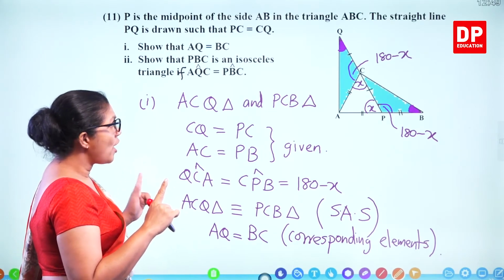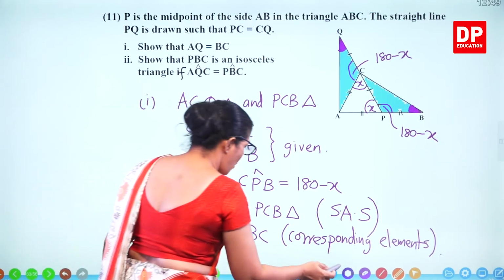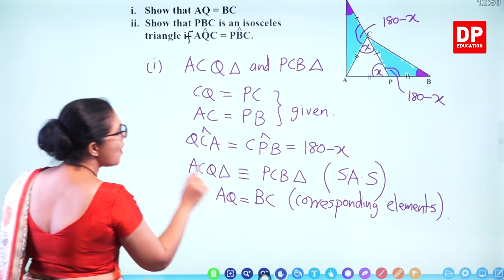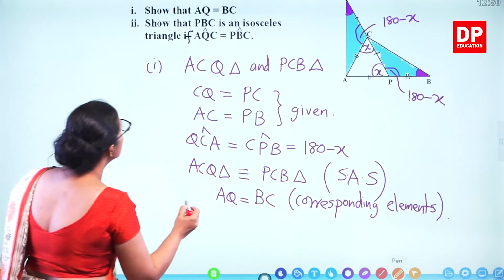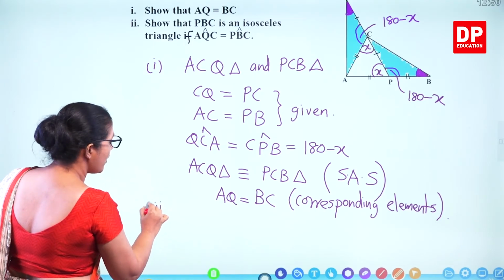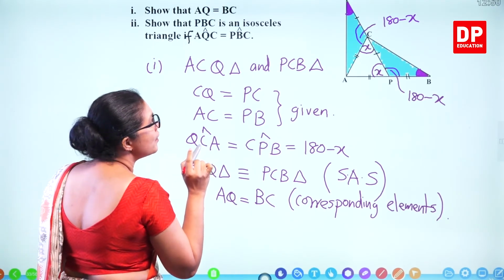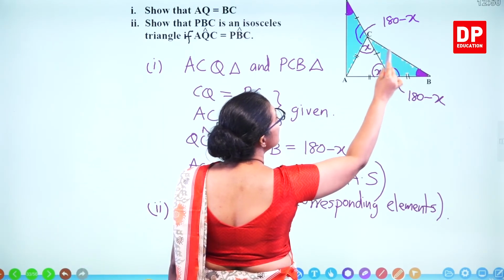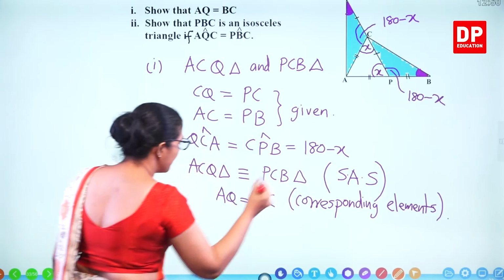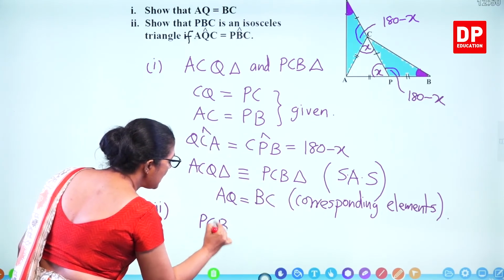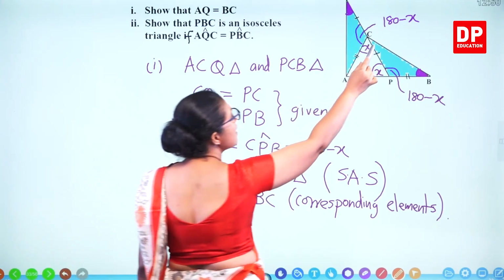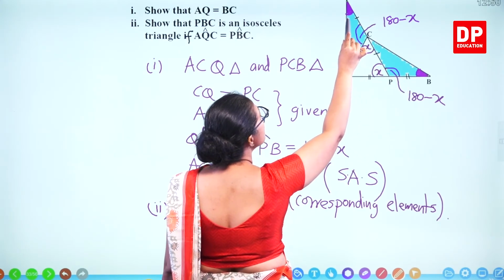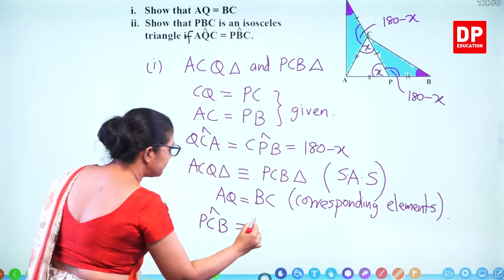Now, we found out 2 triangles are congruent. So, if the 2 triangles are congruent, corresponding elements are equal. So, what's opposite to this angle? That's PCB. PCB angle is equal to, opposite to this double line, that's AQC.